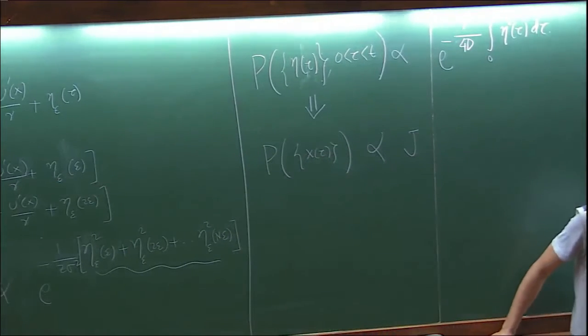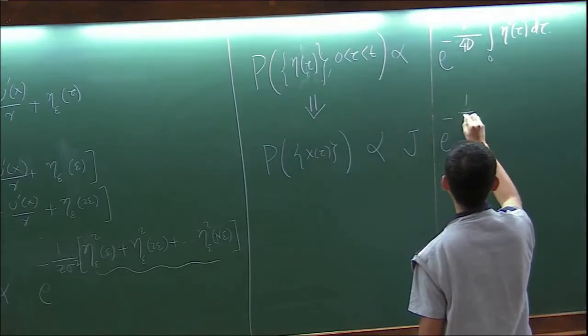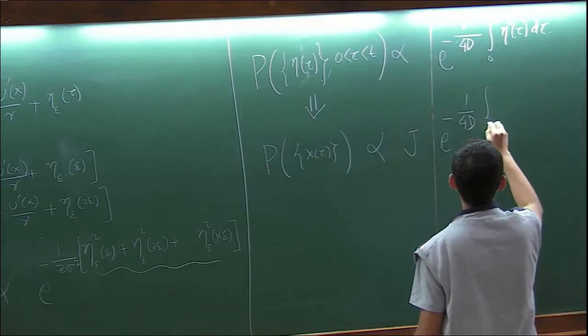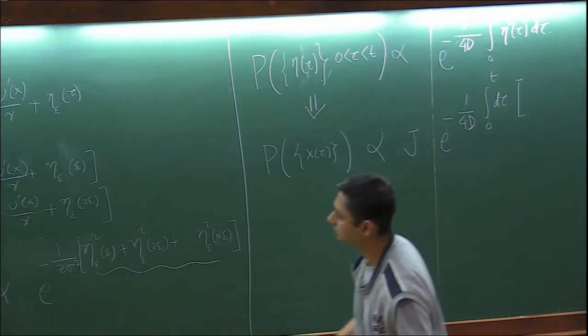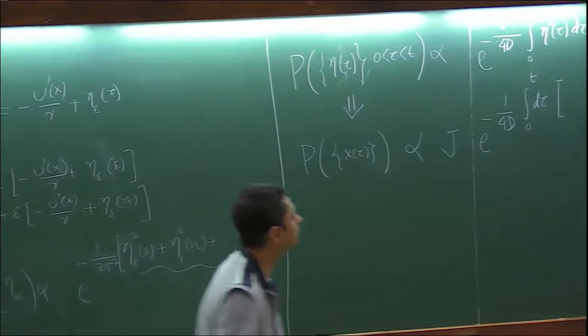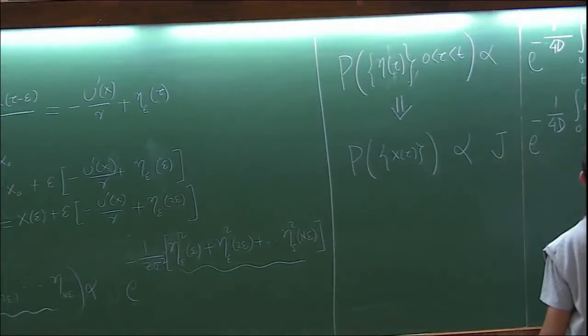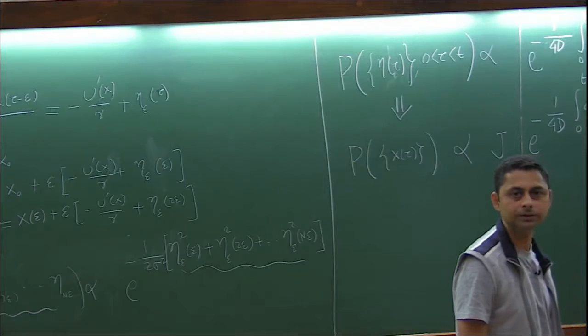This one I can put as integral 0 to t d tau, and I can substitute this equation: dx by d tau plus u prime x by gamma, right?